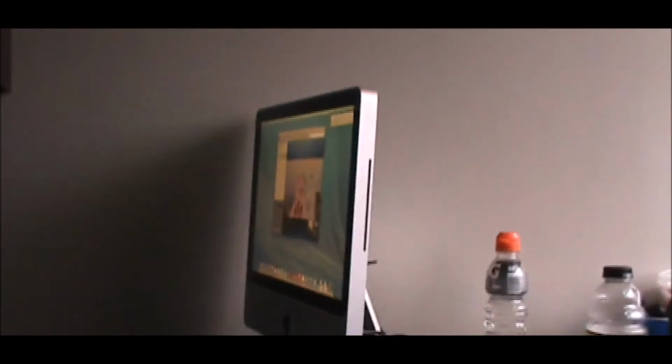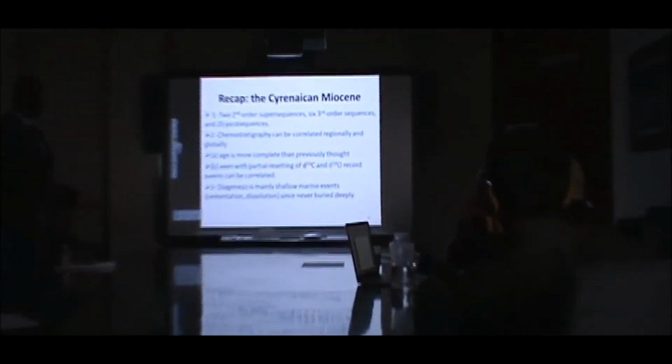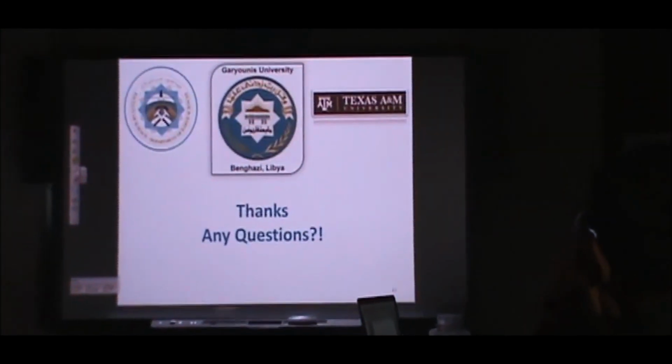Even though we have diagenesis and resetting, we still can correlate and see the events in the Miocene. And the diagenetic events are mainly shallow marine and meteoric events, seen like cementation and dissolution. And these Miocene carbonates have not been deeply buried. Thank you very much.